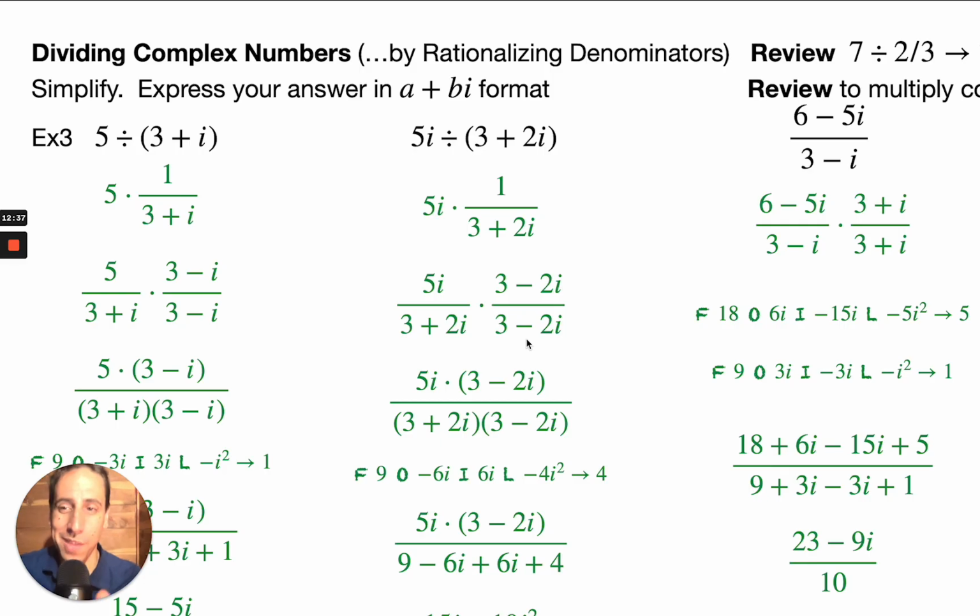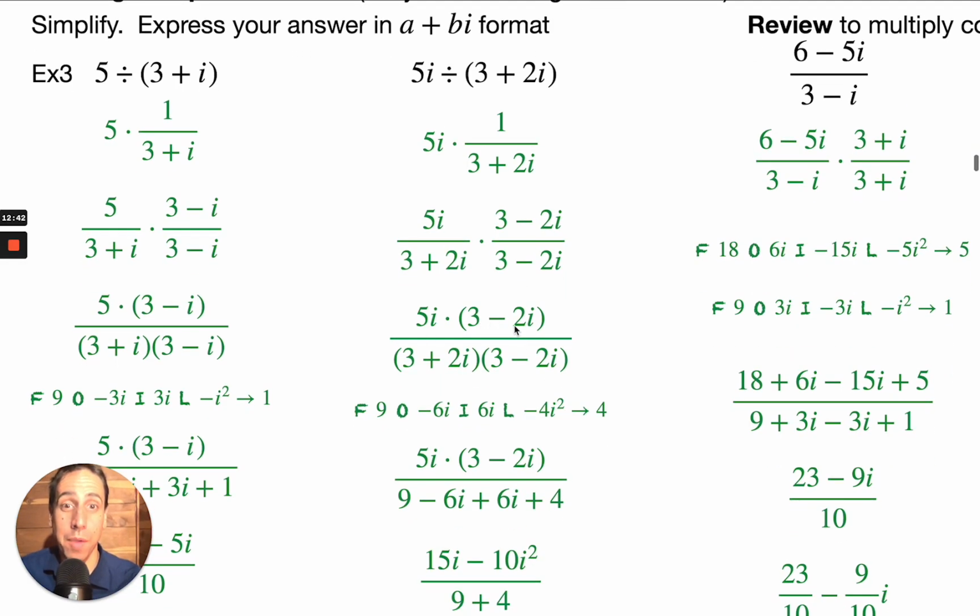And where did it come from? I'll tell you later. But check out what happens when I do. 5i times 3 minus 2i is what you get in the numerator, and then you'd have to FOIL the denominator, because you're multiplying two different complex numbers, 3 plus 2i and 3 minus 2i. When you do that, the first term is 9, the outside term is negative 6i, because 3 times negative 2i is negative 6i. The inside term is 2i times 3, which is 6i.